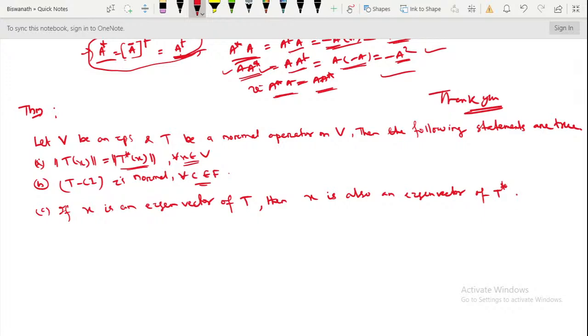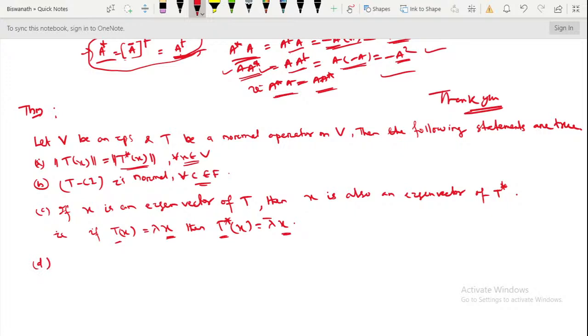That means if T of x is equal to lambda x, then T star x is equal to lambda bar x. That means if x is an eigenvector of T, then x is also an eigenvector of T star.